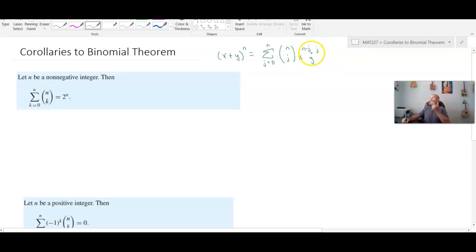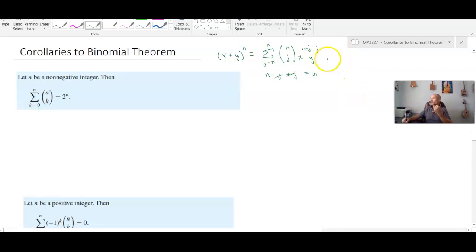So when you sum the two powers together, n minus j plus j, it's useful to note that the negative j and the positive j cancel out. And so the sum of the two powers on x and on y has to add up to the number of factors that we have.